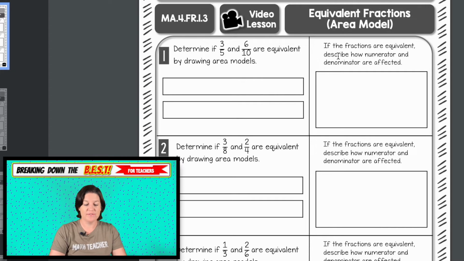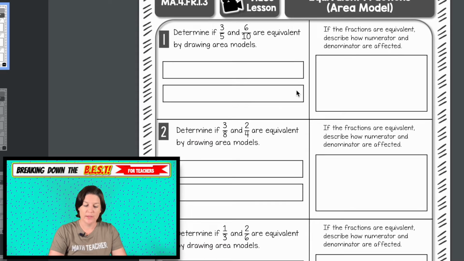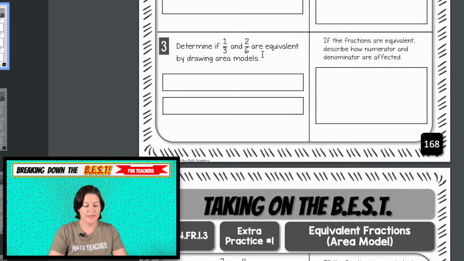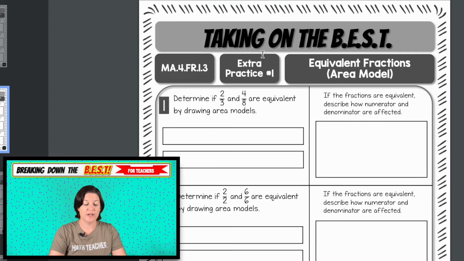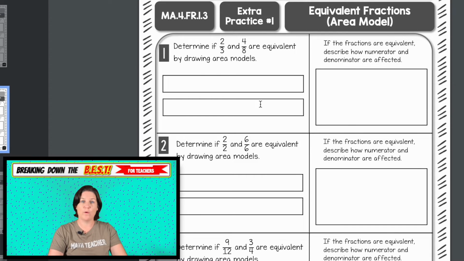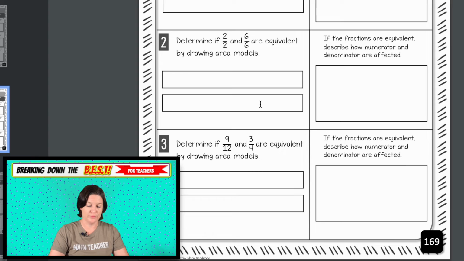And then over here it says if the fractions are equivalent, based on what we draw with our area models, determine how the numerator and the denominator are affected. So we'll take down notes for that one too. There are 3 examples here that students can walk through and take notes. And then there's the opportunity for extra practice right here, where students will be able to use their notes to help them walk through this on their own.